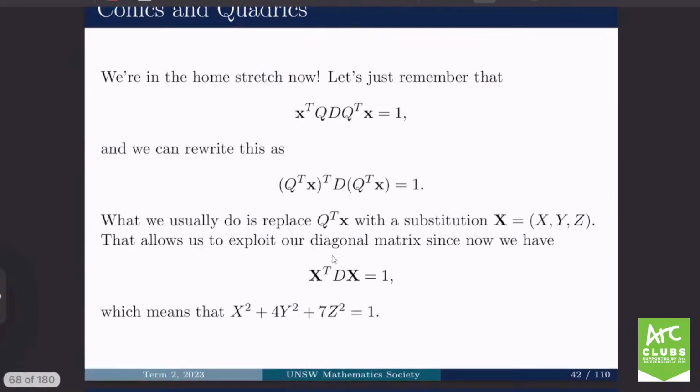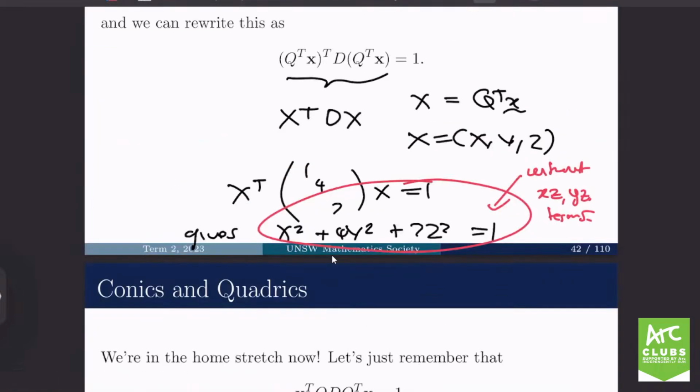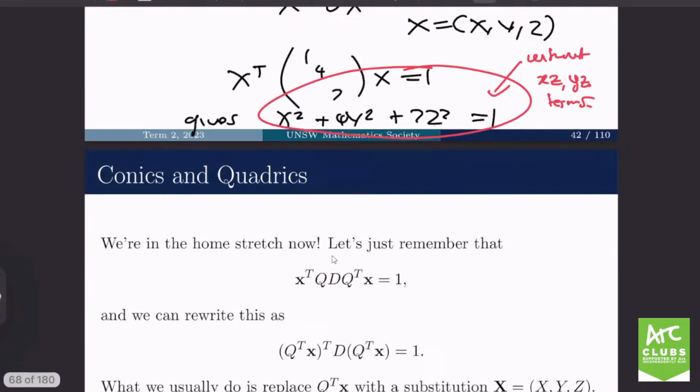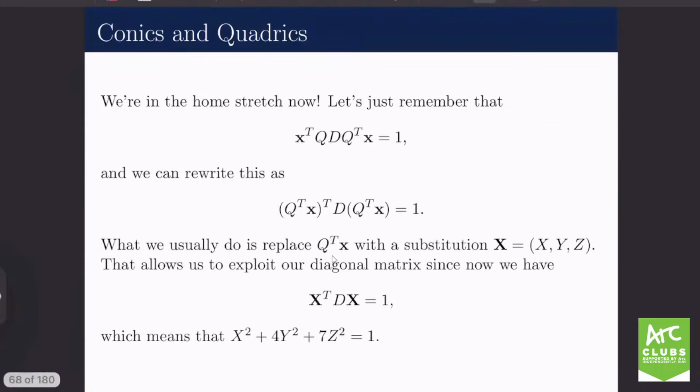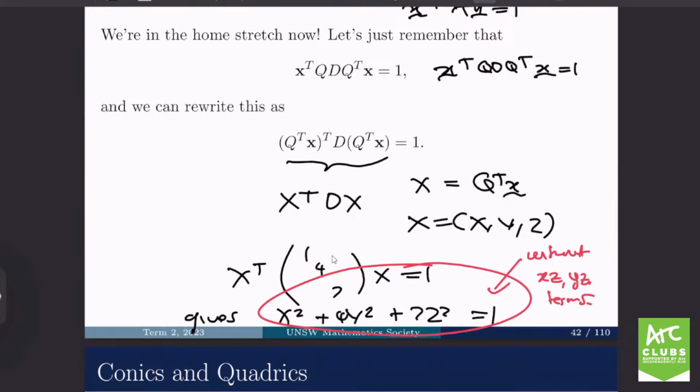And so we can easily classify this. This will just be an ellipsoid because we have positive signs. And therefore, we can conclude that the original surface is an ellipsoid. And the reason why is because if we actually look, what is the vector X? It's new coordinates, but we said it was Q transpose times the original coordinates. And remember that because Q will be orthogonal, and so is Q transpose, we can conclude that it's similar to some rotation, or reflection.